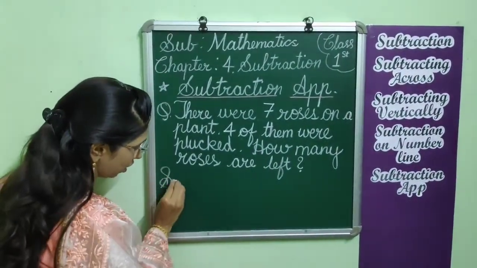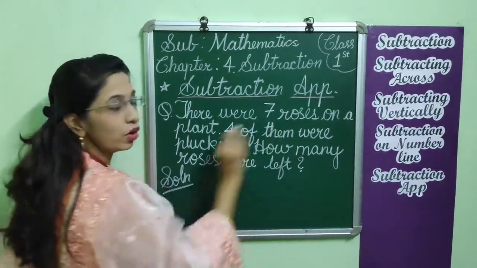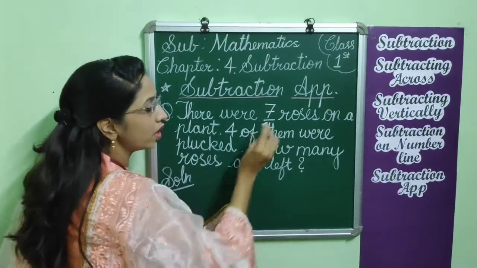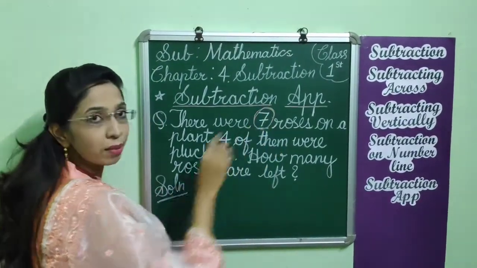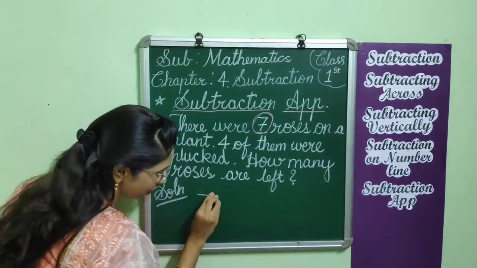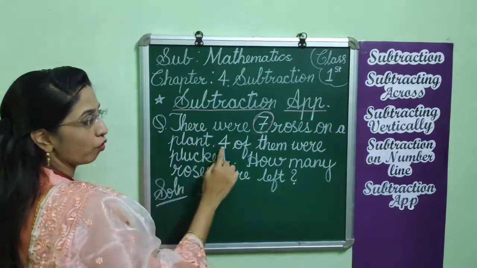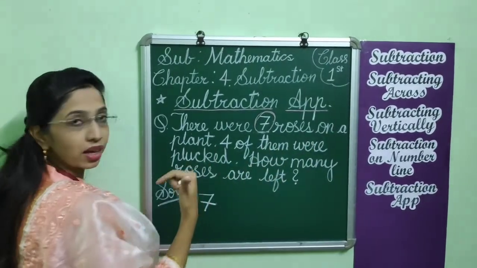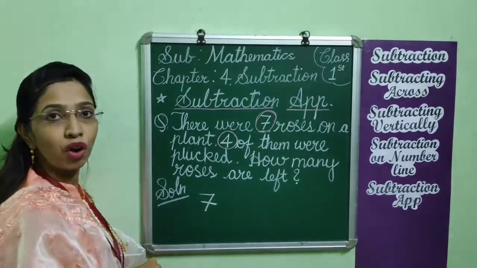See here. Solution. There were 7 roses. What is this number? This is 7. The first number is 7. So first we will write here 7 on a plant. 4 of them were plucked. So what is the next number? It is 4.